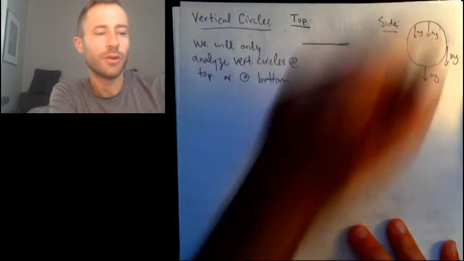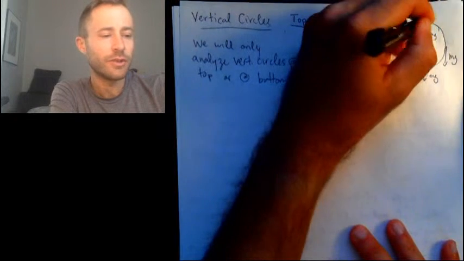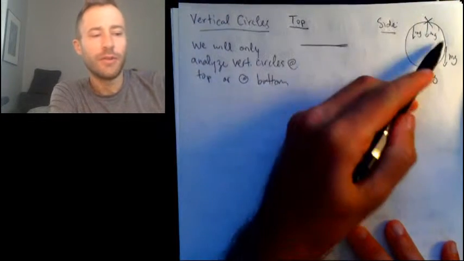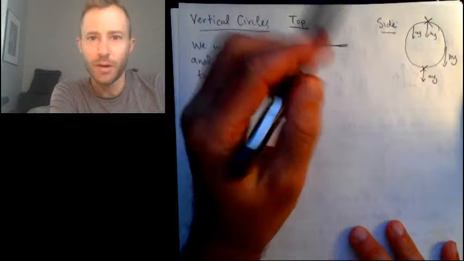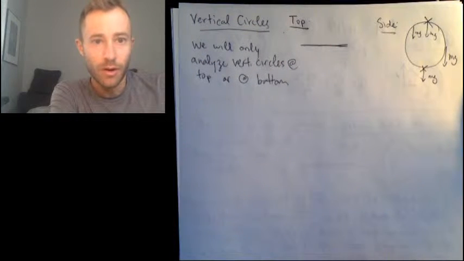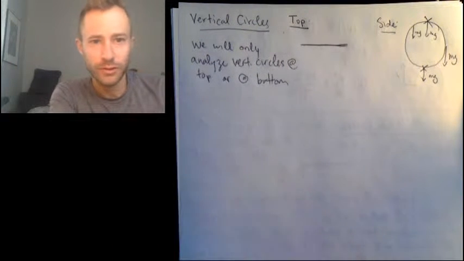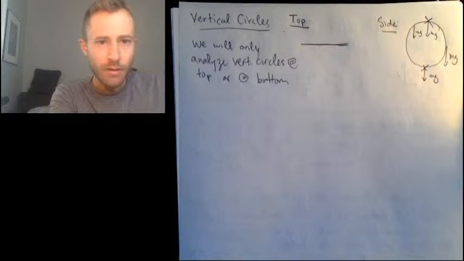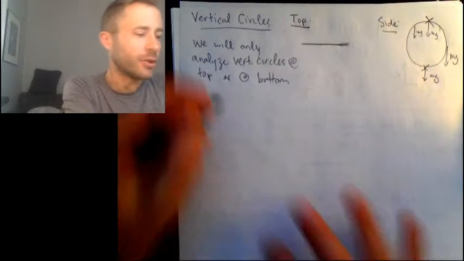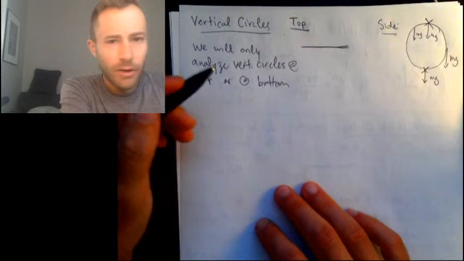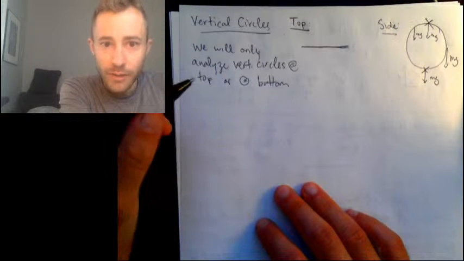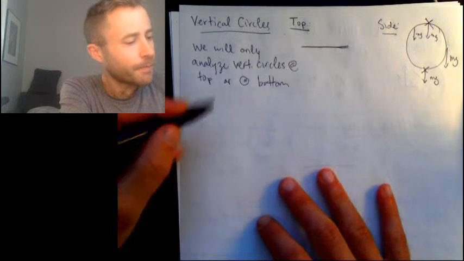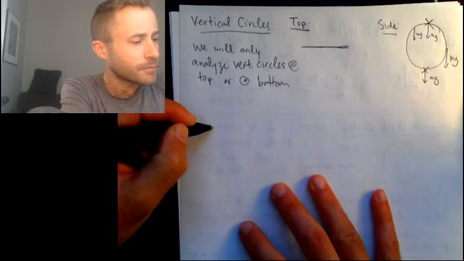So we're only going to analyze these vertical circles here or here. If it's somewhere in between the top or the bottom, it gets way more complicated. So this is your first physics class. We're not trying to go too extreme. All right, so we're going to talk about 3 different scenarios, okay? So let me draw them.